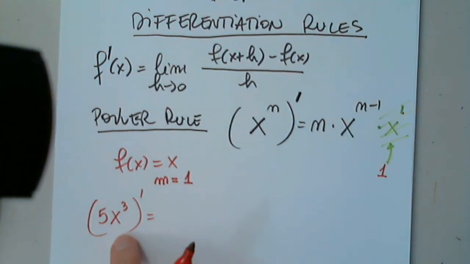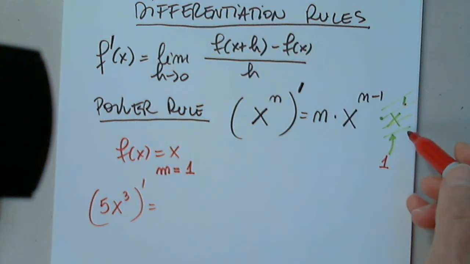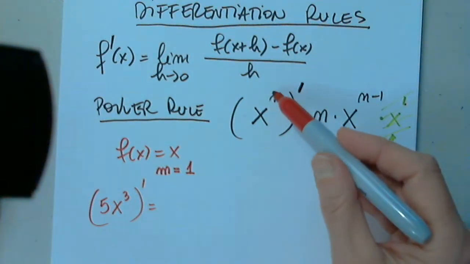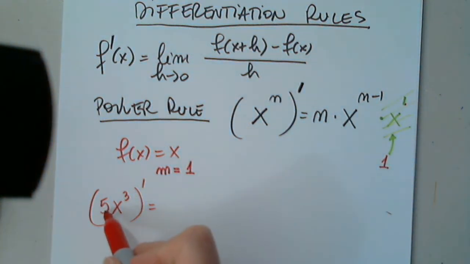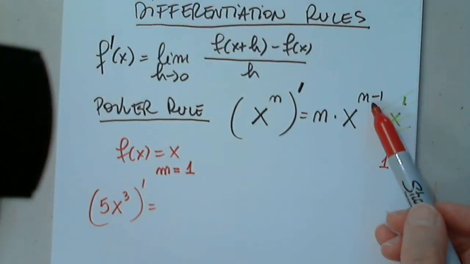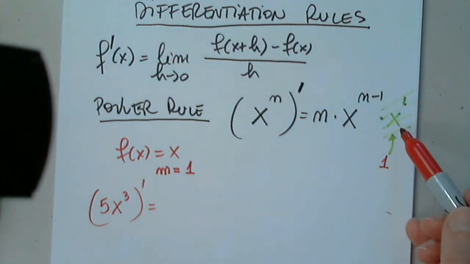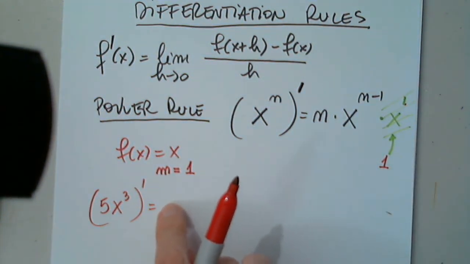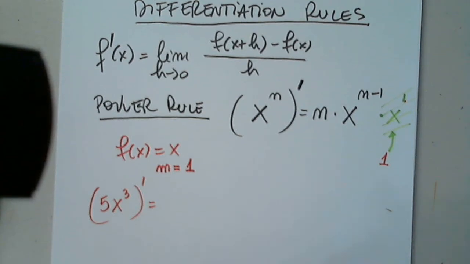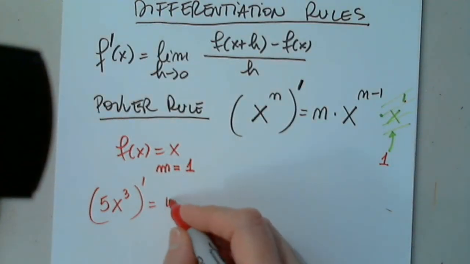Exactly the same steps: I bring down 3, but this time I multiply it by 5, subtract 1 from the power, and then x prime is 1, so I'm not going to write it. Can anyone give us the answer here? 15x squared. That's it.